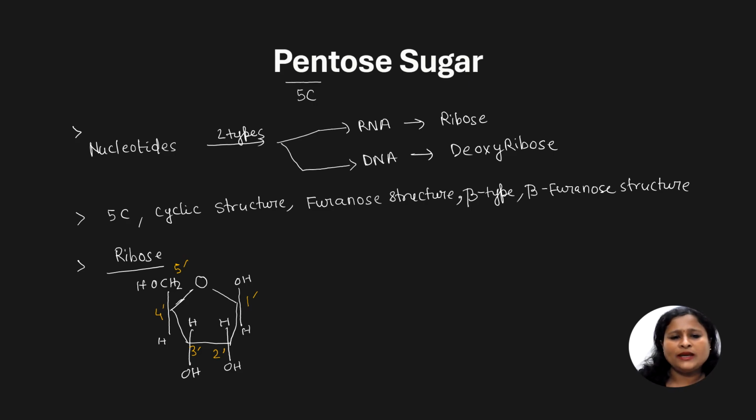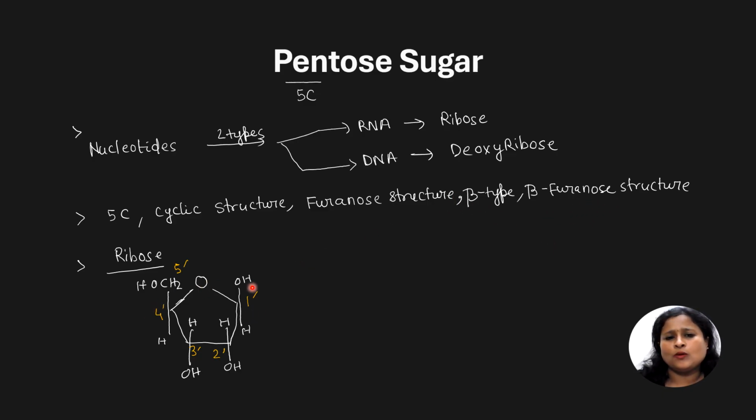Now, if you mark the hydroxyl group present in the fifth carbon and the hydroxyl group present in the 1 prime carbon, they are in the same direction, pointed upwards. Hence, this structure is called beta type structure.